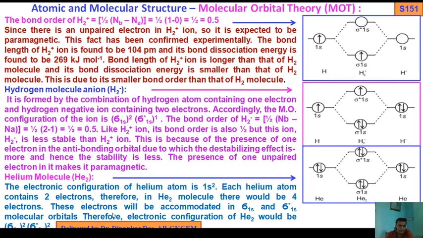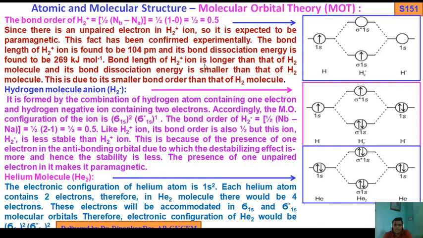Since there is an unpaired electron in H2 plus ions, it is expected to be paramagnetic. This fact has been confirmed experimentally. The bond length of H2 plus ions is found to be 104 picometer and its bond dissociation energy is found to be 269 kilojoule per mole.